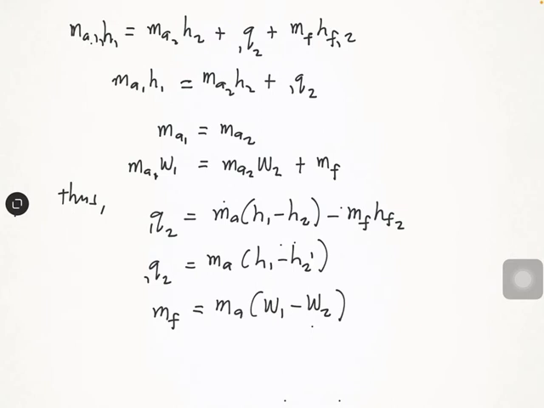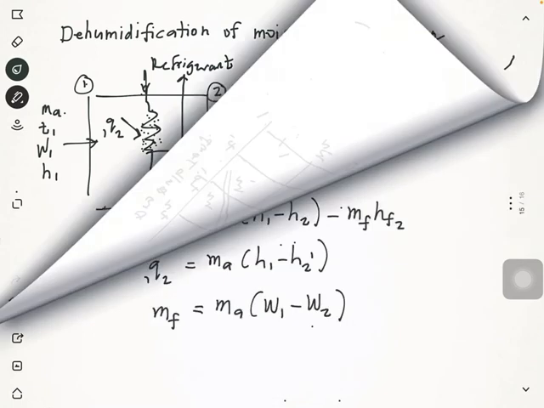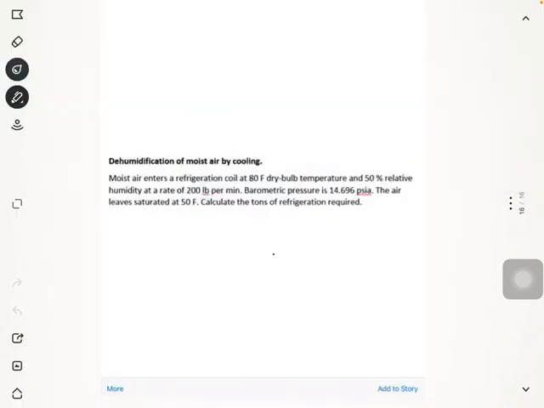Okay, so going back to our figure again for the psychrometric chart. In here, this 2 prime, we have this H2 prime here, and we have this H2. Okay, so go now to our example.